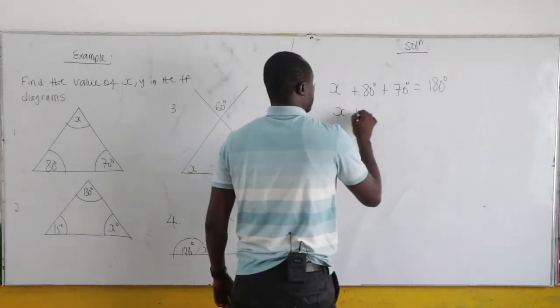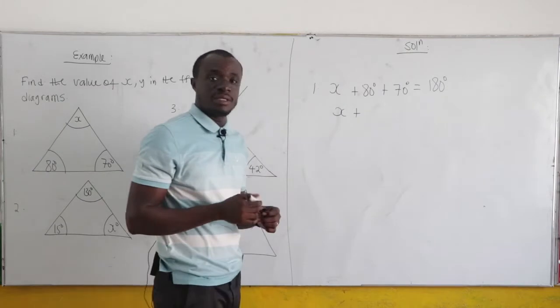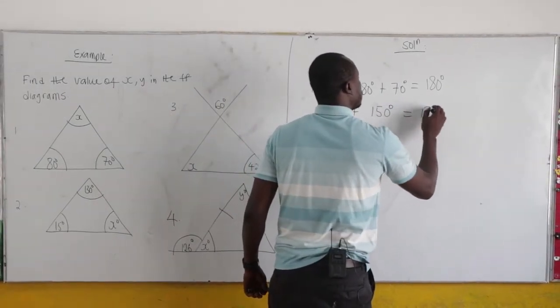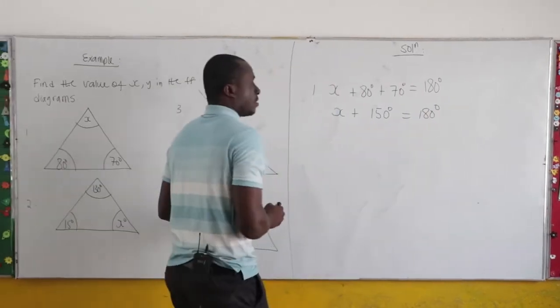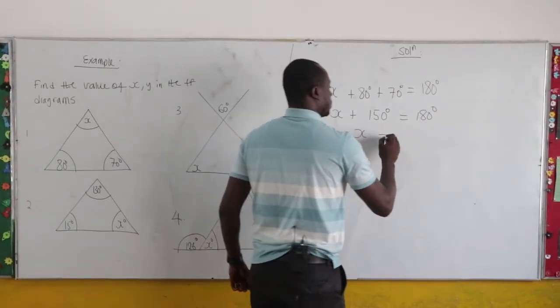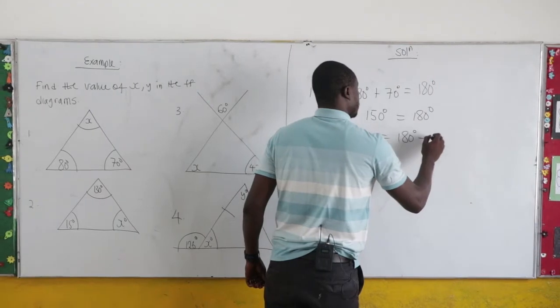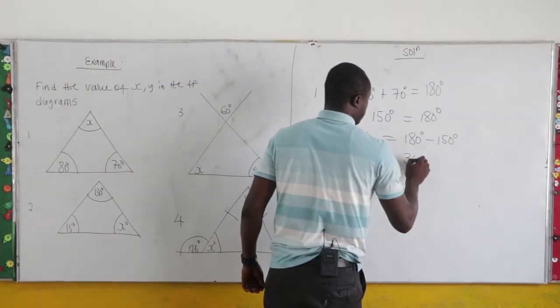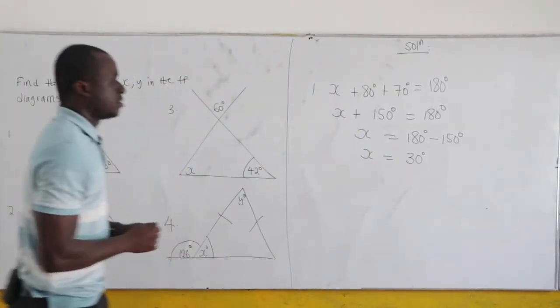What is 80 plus 70? That is 150, equal to 180 degrees. To find x, group like terms: 180 degrees minus 150 degrees, and then x is equal to 30 degrees.